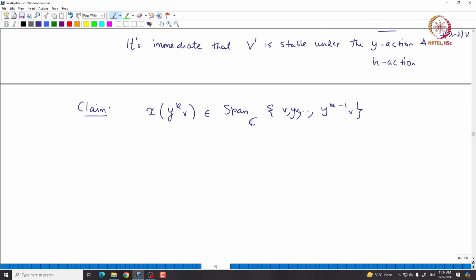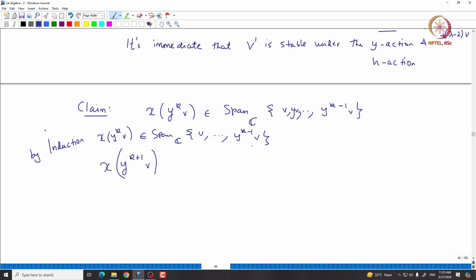So, if we take x applied on y^{k+1} v, let us use induction to prove that. By induction, we know that, let us say, x y^k v is inside the span of v, etc., y^{k-1} v. Okay.